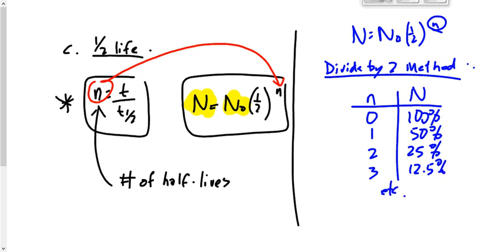And if the question says, how much time until you're left with 6.25%, just keep dividing by 2 until you're down to 6.25%. Then you take that number of half-lives, and then probably at that point, you're going to sub it into this equation to solve for either T or T1/2. You guys good with that?